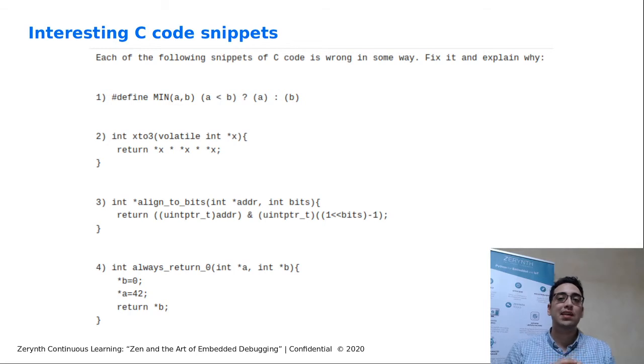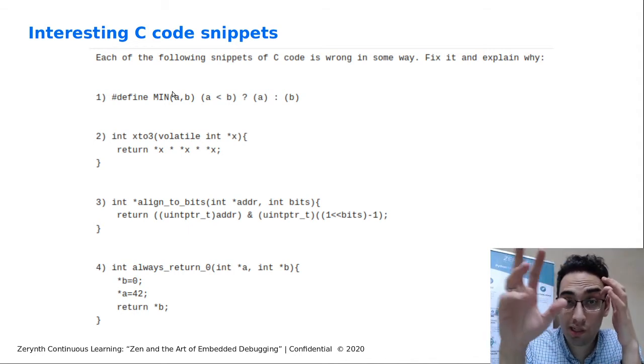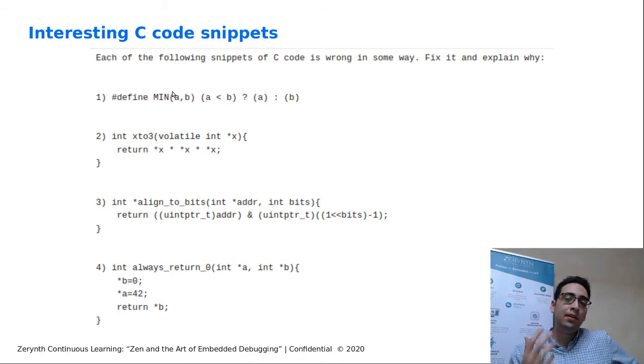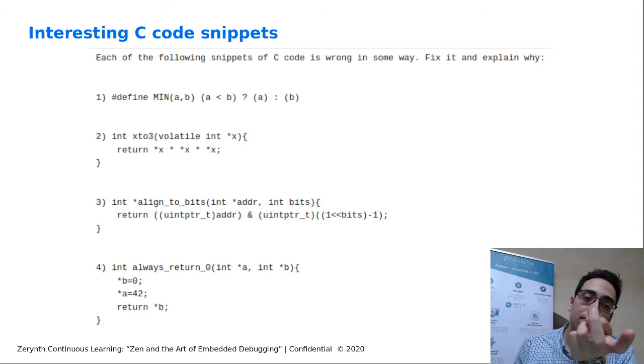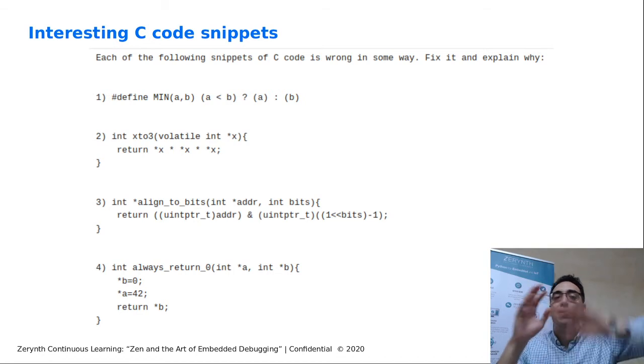But if you give it expressions such as if A equals a mathematical expression, this could lead to some problems, because the main difference between function-like macros, which is the minimum here, and functions is that the functions check for the input argument. So the functions check whether the argument is an integer. Have you actually supplied an integer to this argument or not, or have you supplied something else? Whereas function-like macros do not check for any input. It basically replaces what's written.